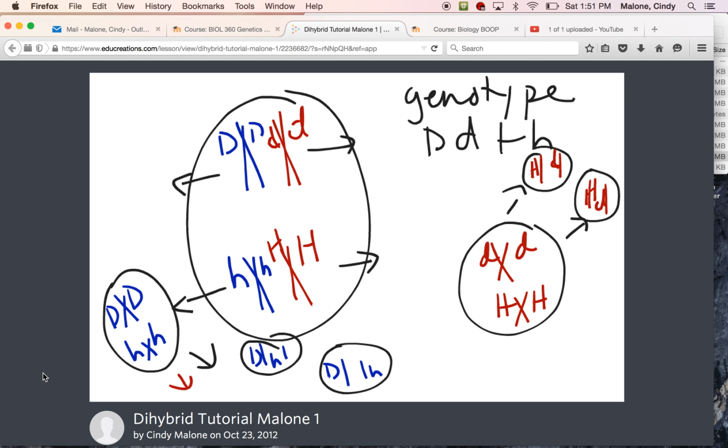So that's one possible scenario of how the gametes could get together. Big D, little h, or big H, little d.